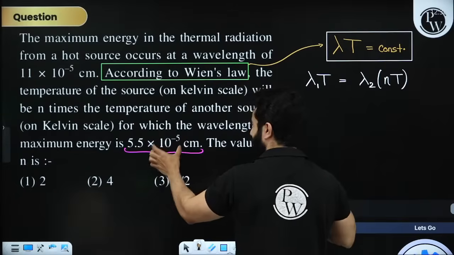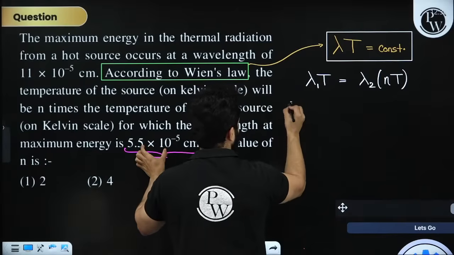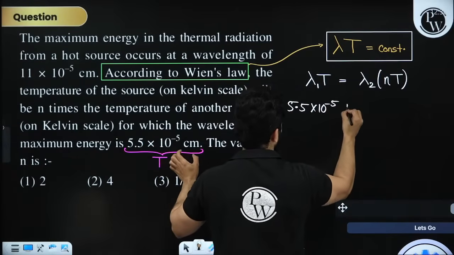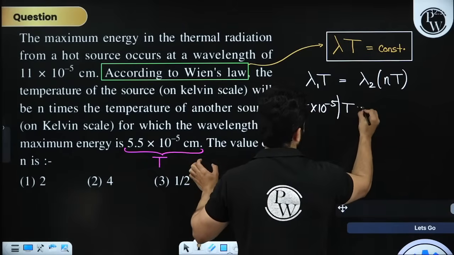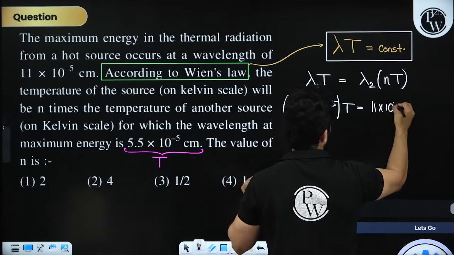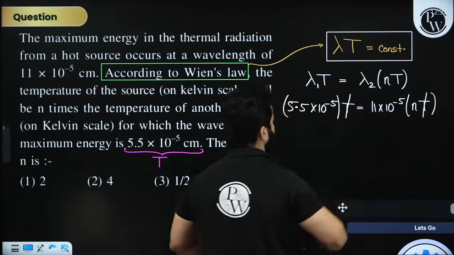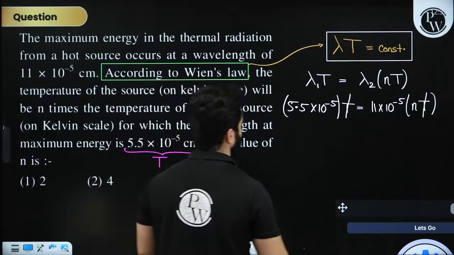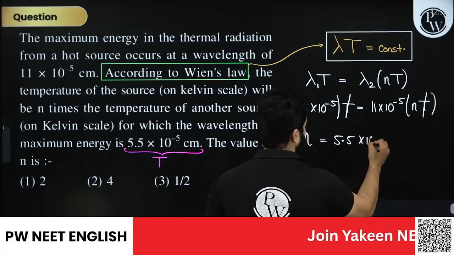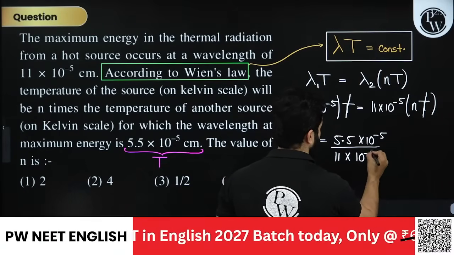So let's say the temperature of this source is T, so this is going to be n times T. Over here, lambda is 5.5 into 10 to the power minus 5 multiplied by T, equals 11 into 10 to the power minus 5 multiplied by n times T. So T and T get cancelled out, and n will come out to be 5.5 times 10 to the power minus 5 whole divided by 11 into 10 to the power minus 5.